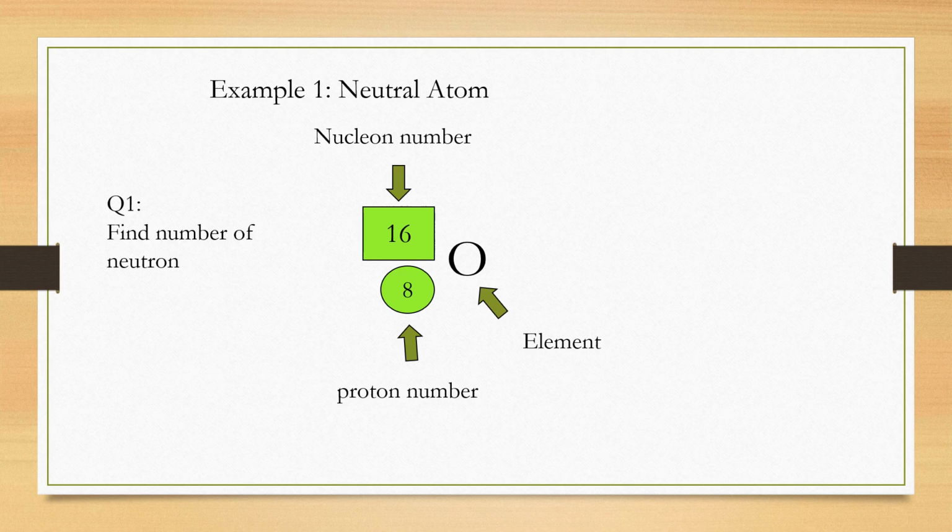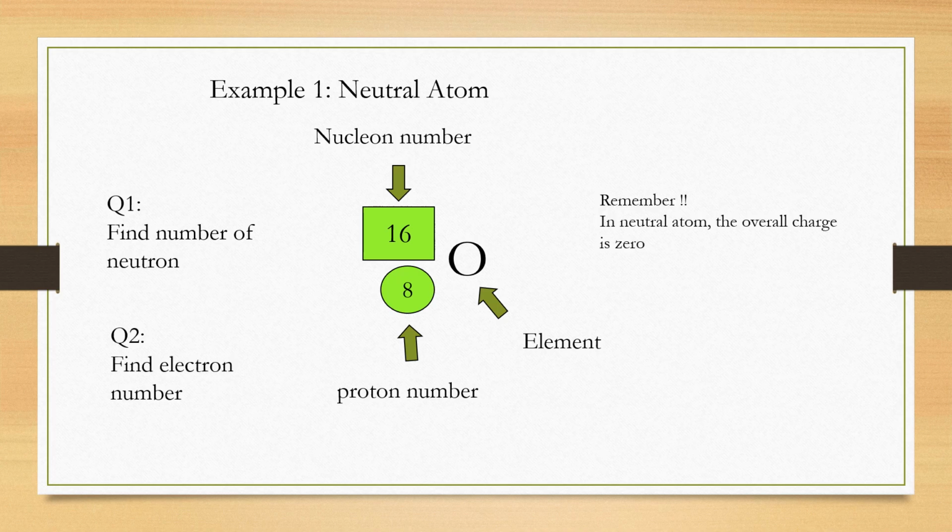So the first question that we need to ask is, how much is the number of neutrons? And the second question is, how much is the electron number? Remember, in neutral atom, the overall charge is 0.